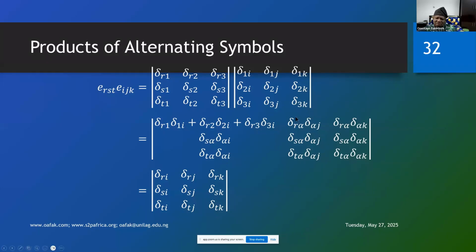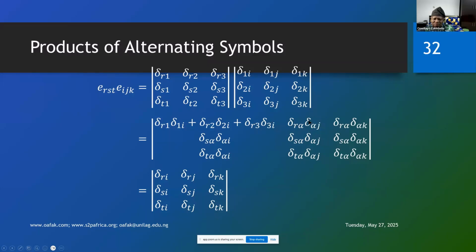The second one will be delta R alpha, delta alpha J, and then delta R alpha, delta alpha K. It could be beta, it could be sigma, anything you can use instead of alpha here. But if you write it explicitly like this, you will see that it's a sum like this.